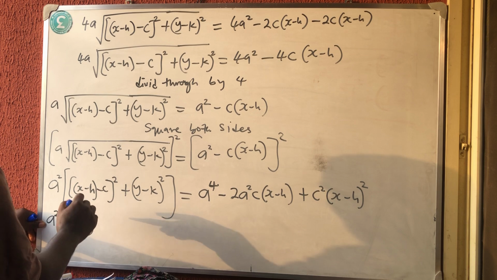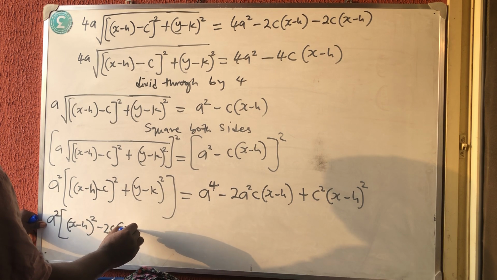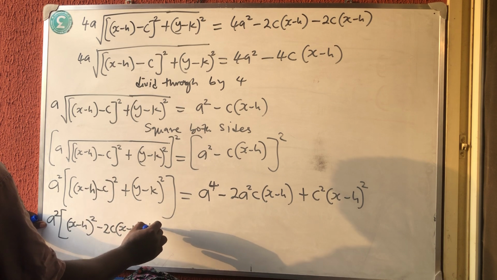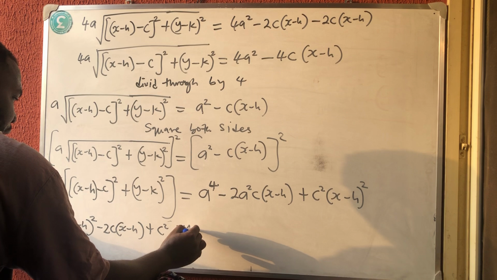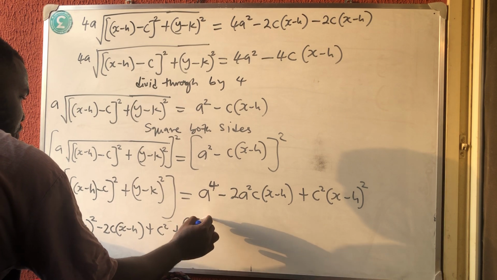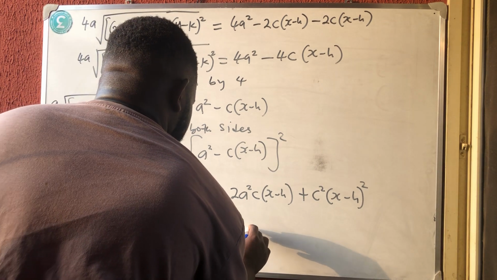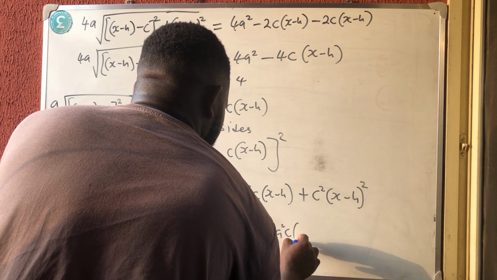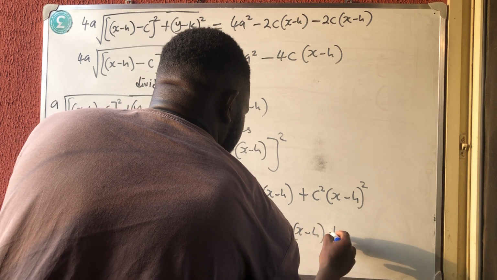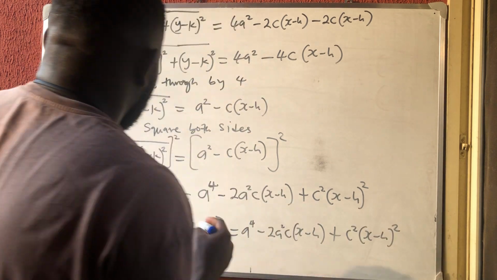Multiply the first one and the second one, double it, minus 2c bracket (x minus h). Now square the last one, plus c squared, then plus (y minus k) all squared, then is equal to the same thing here, a to the power 4 minus 2a squared c (x minus h) plus c squared bracket (x minus h) all squared. So as simple as that.